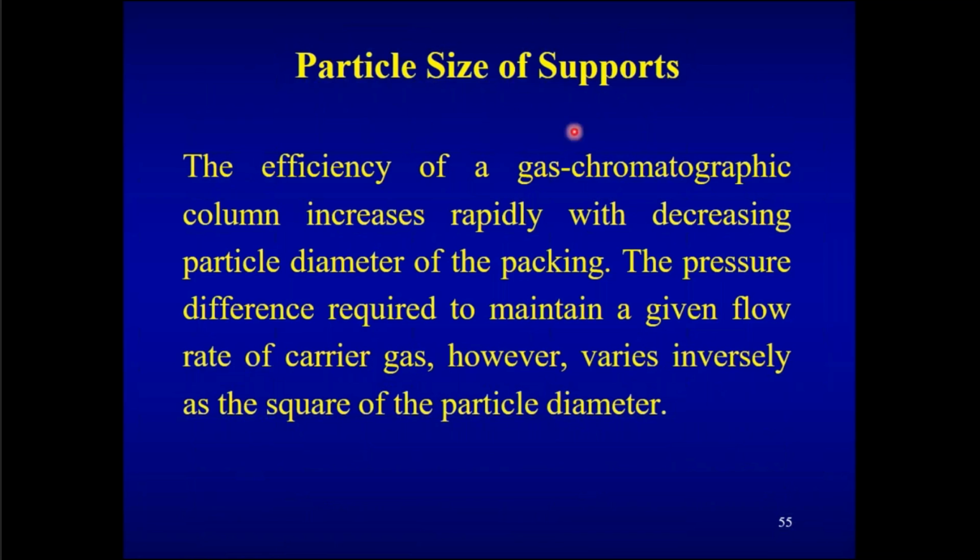What should be the particle size of the support? The efficiency of a gas chromatographic column increases rapidly with decreasing particle size of packing. This clearly indicates that as you decrease the particle size of the packing, the surface area of the support increases.